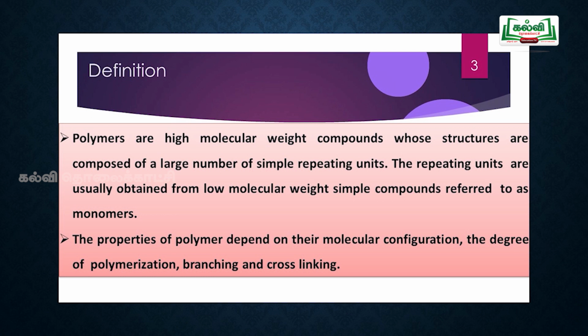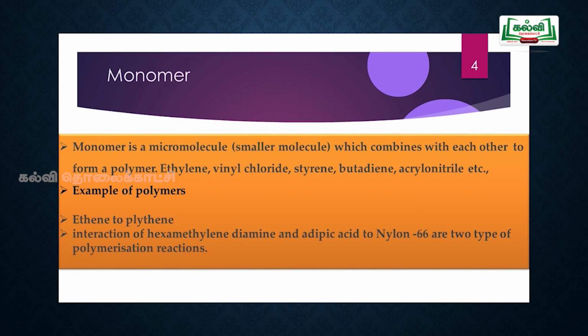When many small molecules repeatedly combine to form a big large molecule, having a molecular mass of 10 power 3 to 10 power 7, it is called a polymer. Generally, the properties of polymers depend upon the molecular configuration, degree of polymerization, branching and cross-linking of the polymer.